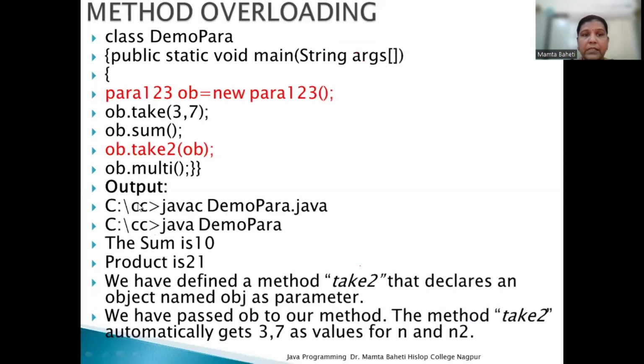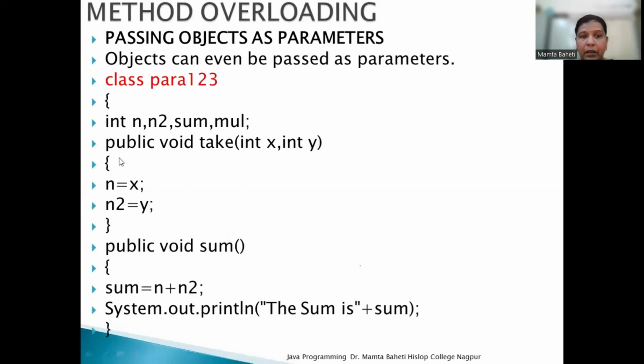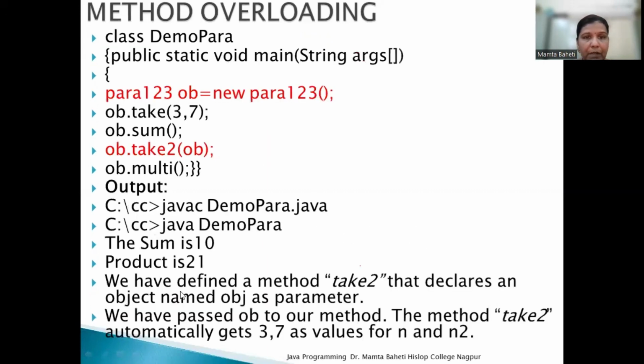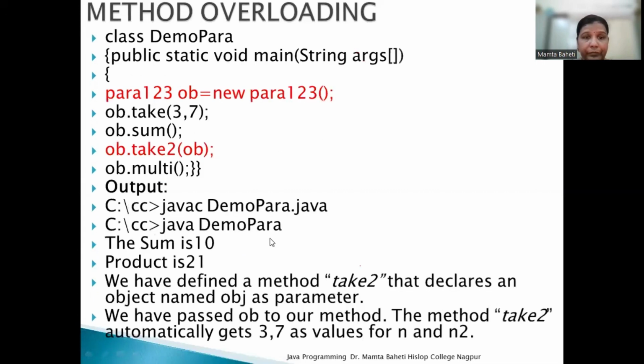Then next is ob dot sum. In sum, n plus n2, that is 3 plus 7, will give me 10 here. Then I am taking ob dot take2, and in the brackets again the object is passed.